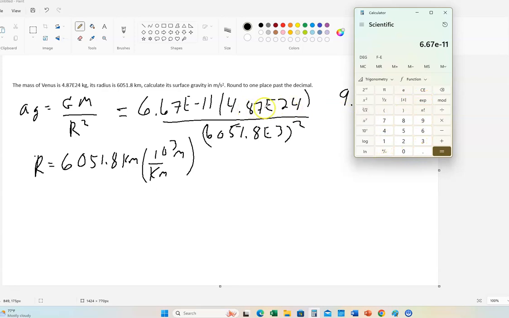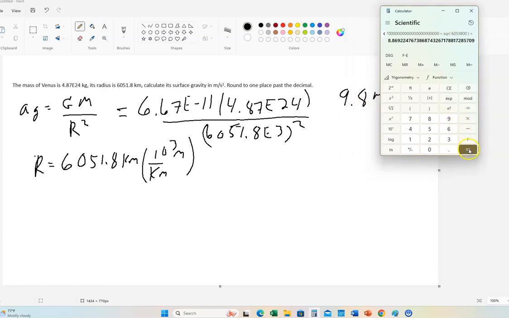All right, so there's that part, times the mass of Venus, which is 4.87 times 10 to the 24th, divided by, all right, so it's going to be 6051.8 times 10 to the third, but I've got to square that, right? That's really important to square that. All right, and then this is going to be our answer, and we're going to compare that to 9.8.